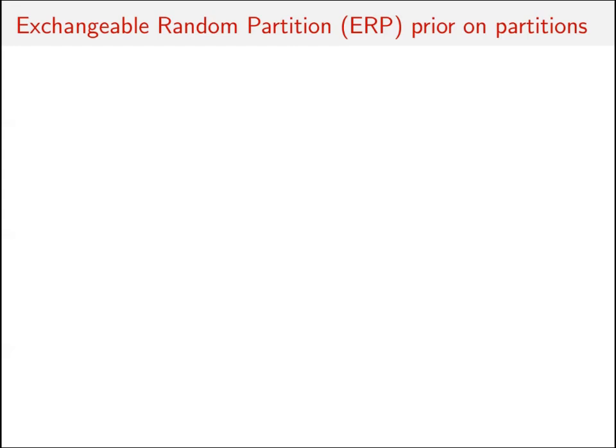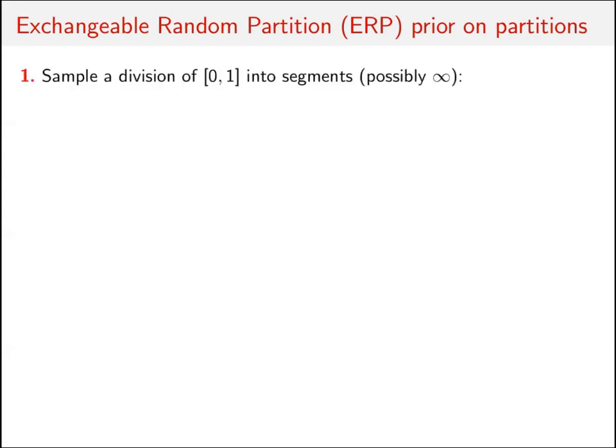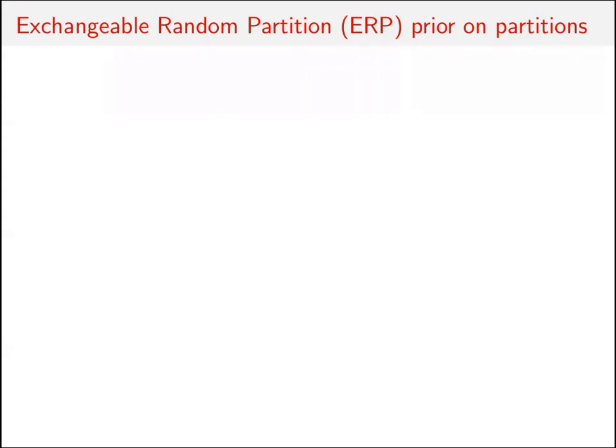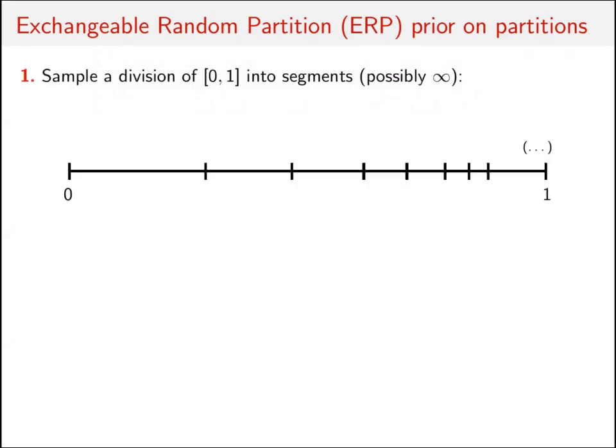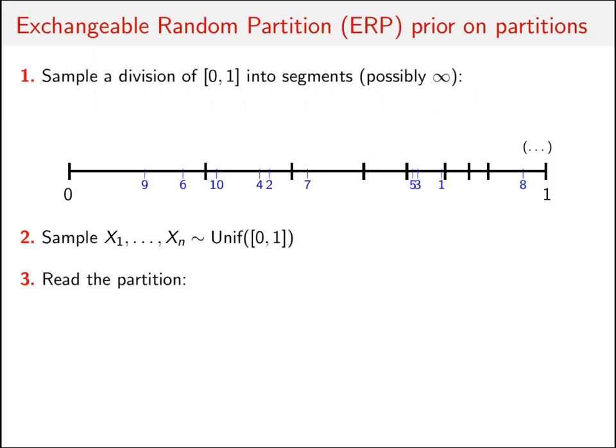And via some infinite exchangeability theorems, you can present the following general way of obtaining exchangeable random partitions. You need to have a way to randomly sample segment 0,1 into subsegments. So say you sampled a division into subsegments. Then in order to obtain a partition, you just take a uniform sample on this segment like that, and you read the partition in here, okay, 1, 3, 5.